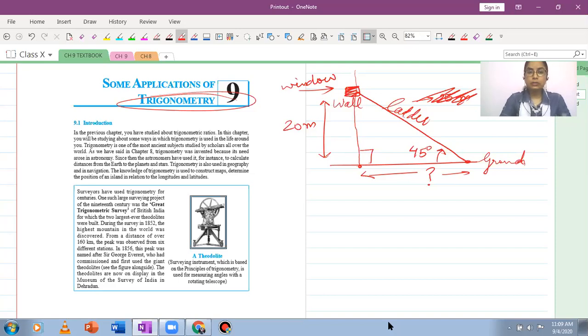So for example, there is a very tall building, and then there is a car on the ground, and we have to represent it in the form of a diagram. The building will be represented as a vertical line segment. The car will be represented by a dot on the ground.